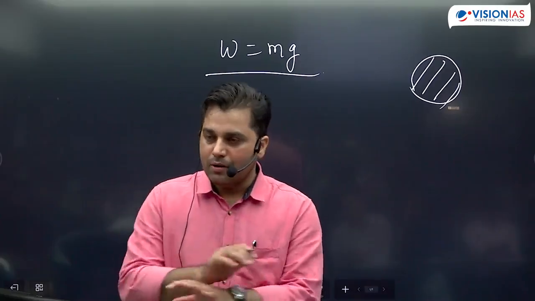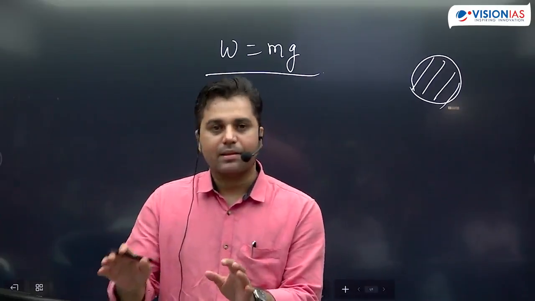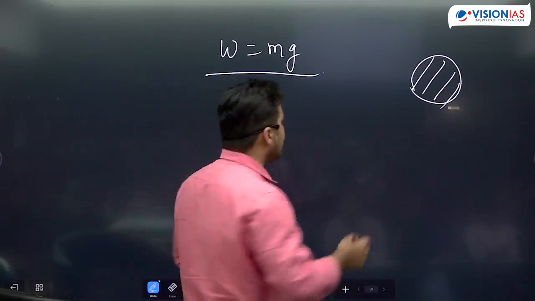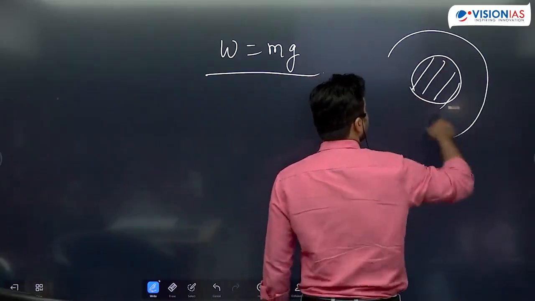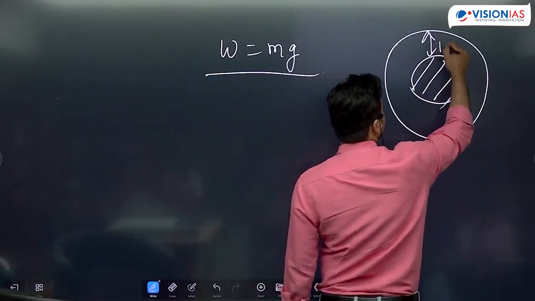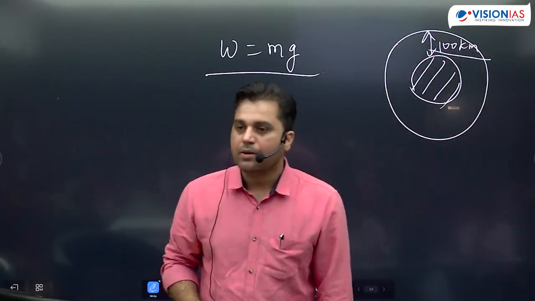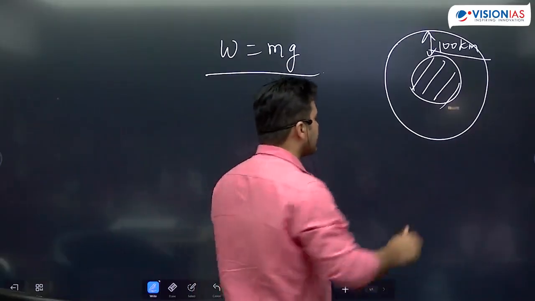But so that all of us are on the same page, there are certain think tanks which define space as this imaginary line 100 kilometer above surface. So anything above 100 kilometer, we call it space, and this imaginary line is called Kármán line.